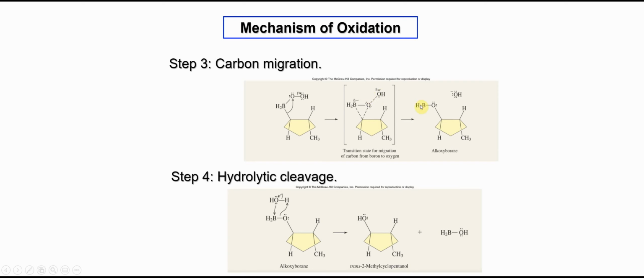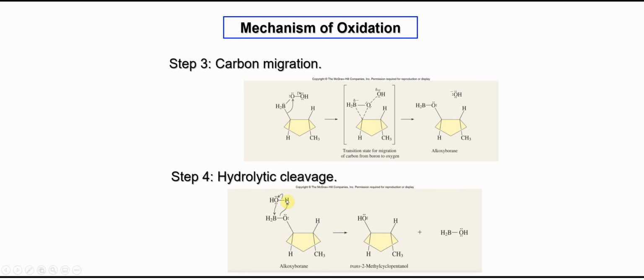So over this side, you are going to form what we call an alkoxyborane. This bond is also subject to cleavage. This cleavage is going to be under water conditions, therefore you call it hydrolytic cleavage. What does that mean? You have your water molecule.